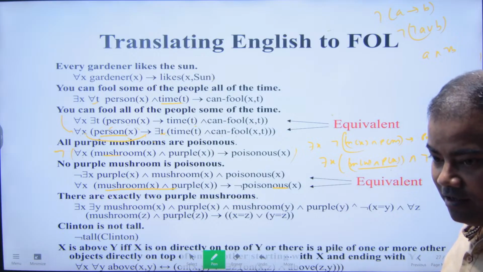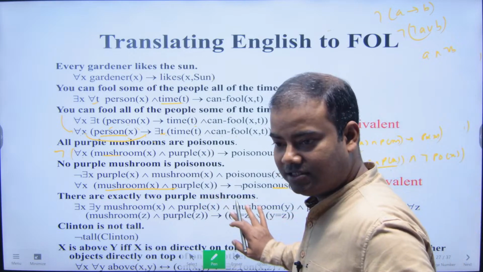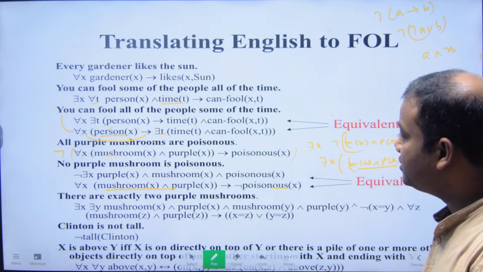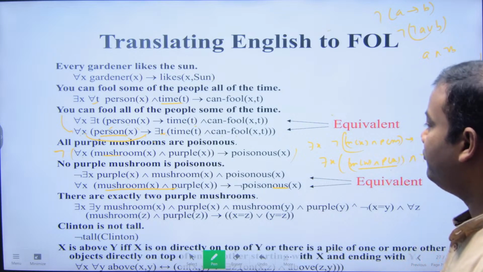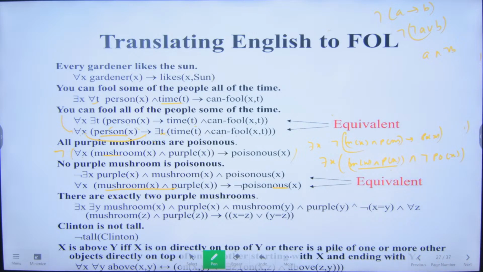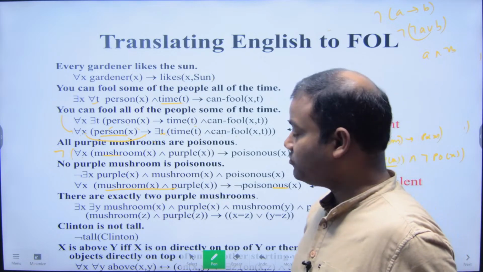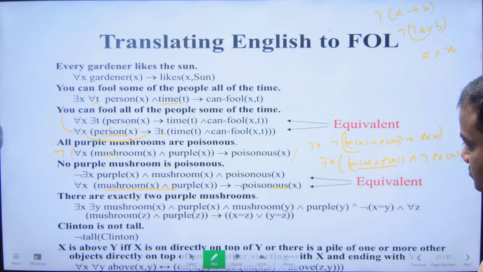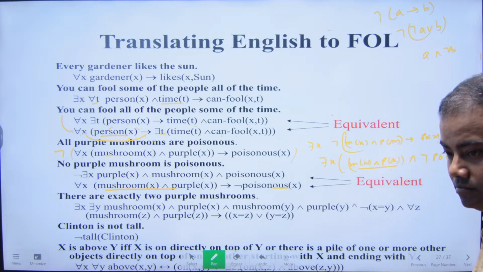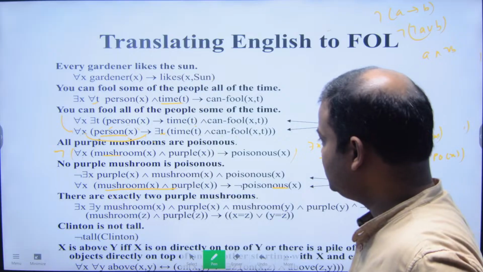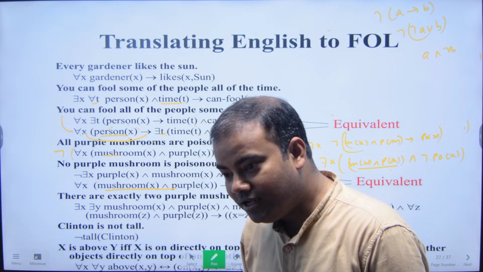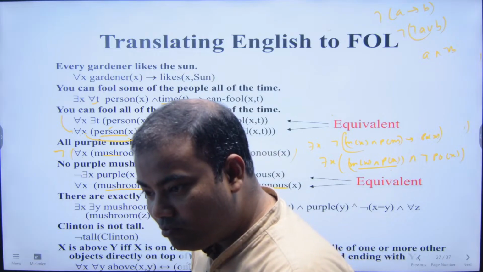Is it clear? This is a very simple statement. What is the negation of that statement? The negation of no purple mushroom is poisonous is that at least one purple mushroom is poisonous.